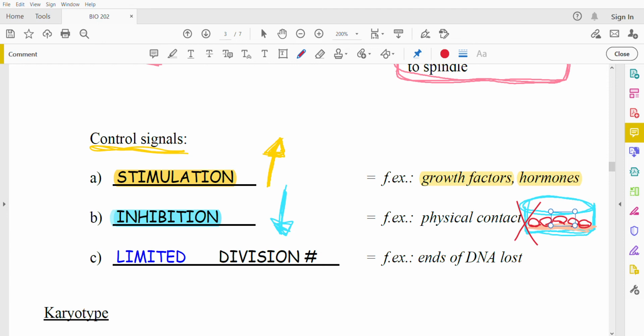So the physical contact with the edge of the petri dish tells our cells that now there's enough of you, now we've reached the boundary for you, we are going to inhibit your division. So that would be inhibiting the cell division.